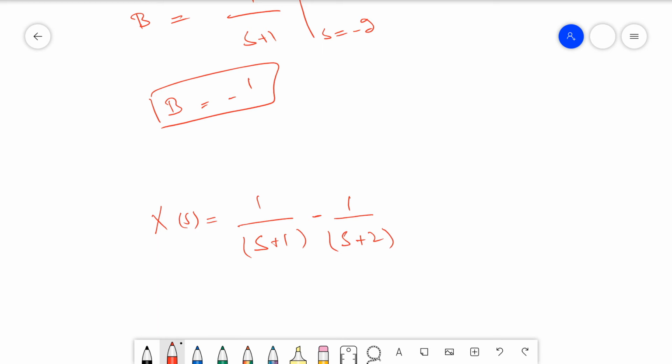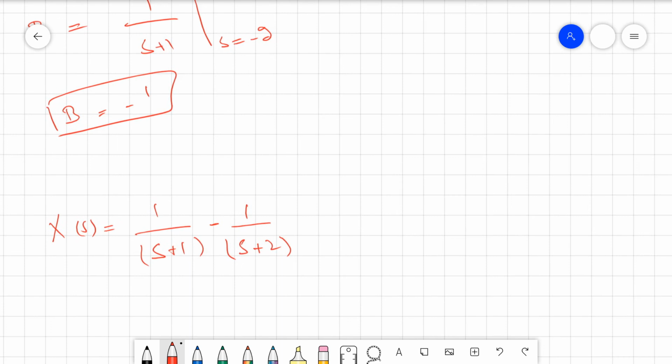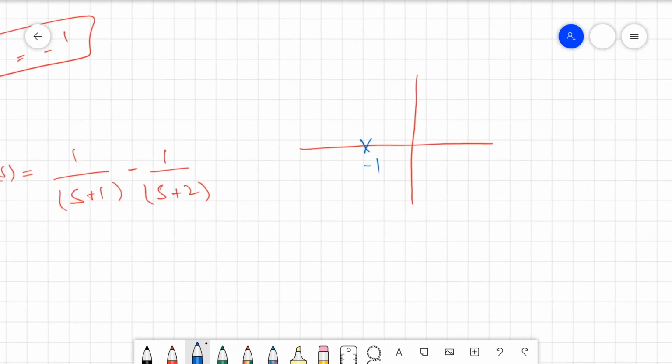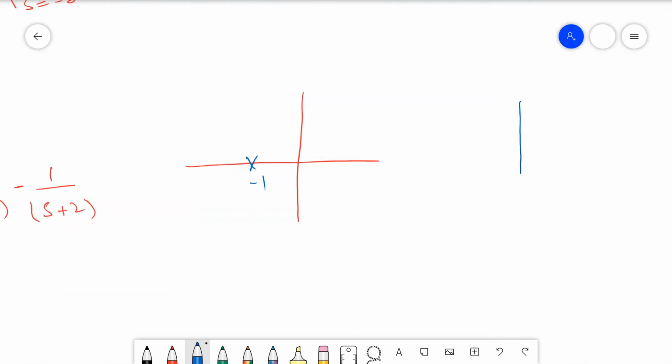So now we know that X of s contains two terms, or we can say two signals. We have to find the individual ROC. So let's suppose this is the first term associated with this pole -1, and this is the second term associated with the pole at -2.